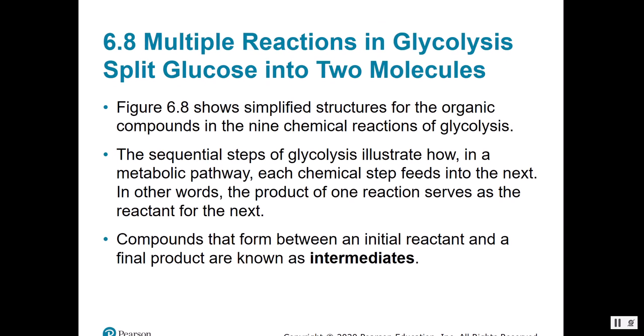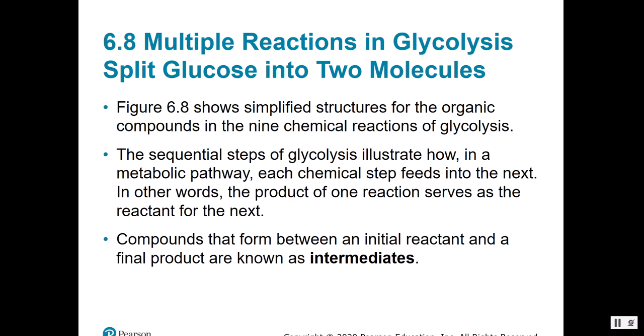Now, there are multiple reactions in glycolysis that help split glucose. Figure 6.8 on page 119 gives you the details of that. It shows kind of simplified structures, and there are nine, yes, you read that right, 9 reactions of glycolysis. Lucky for you, you don't have to know all of those, but I put it in here just because it's an example of metabolic pathways and how each chemical step feeds into the next.